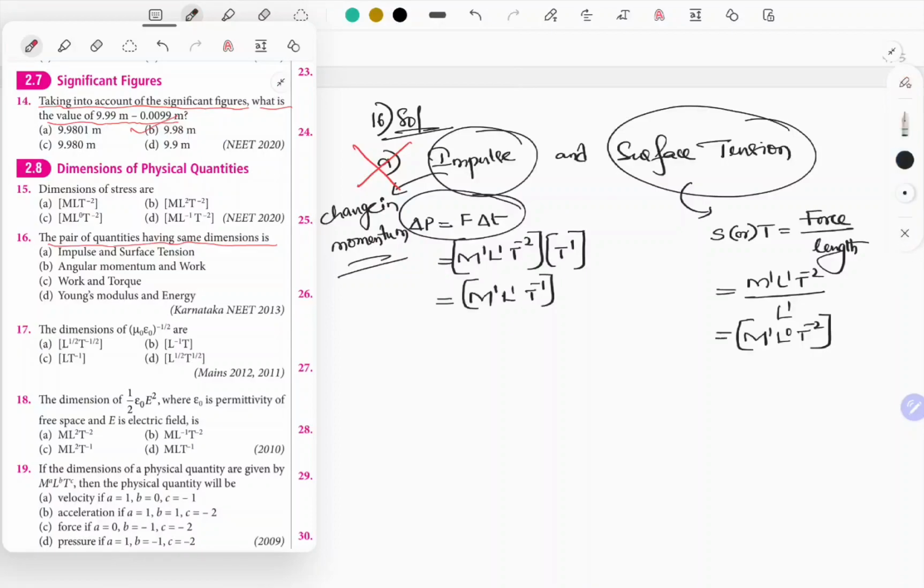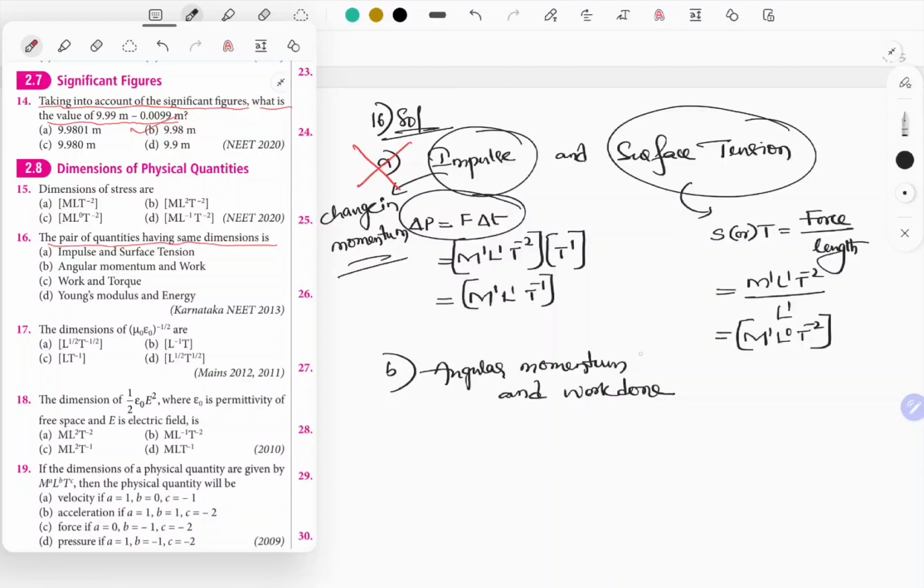Okay, let me get into the next option. What is the next option? Angular momentum and work done.